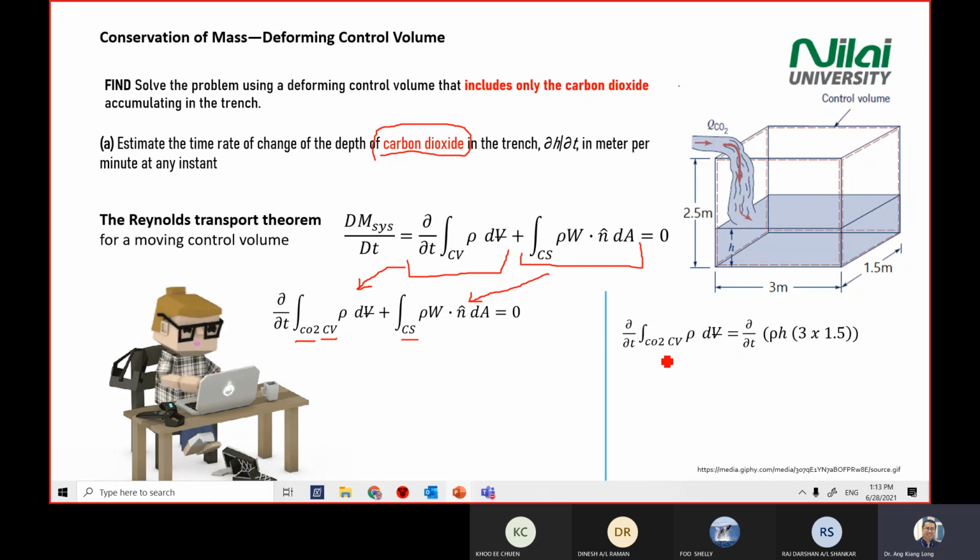Del over del T integration of control volume rho dV equals del over del T of the volume. You want to find the volume, which equals your H times the area of your floor, since we don't know H.